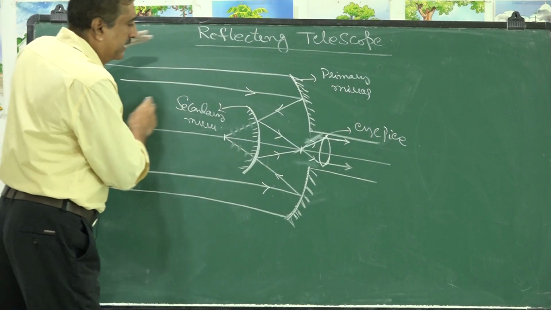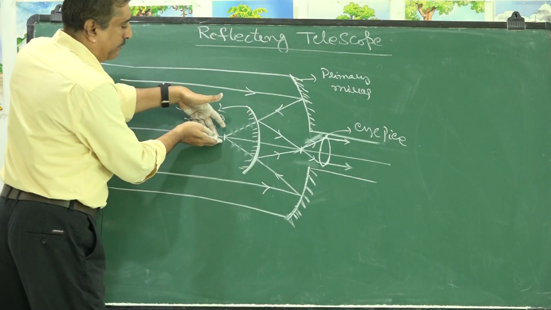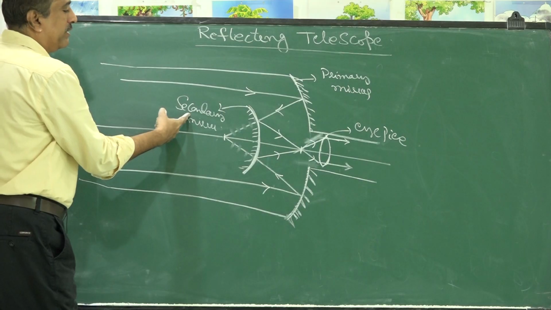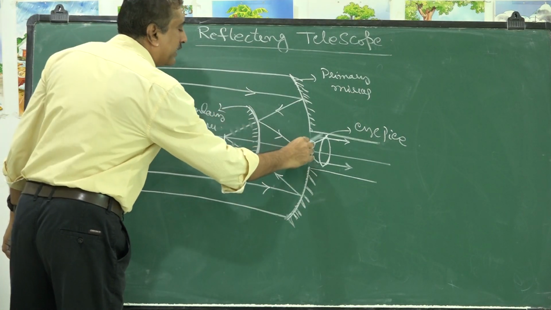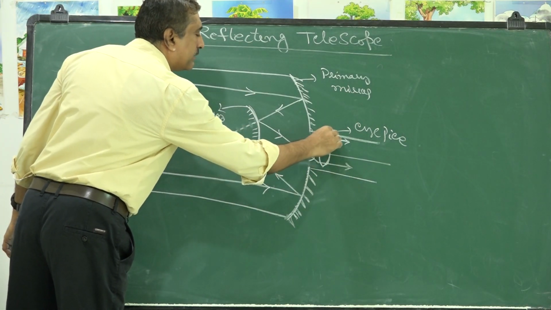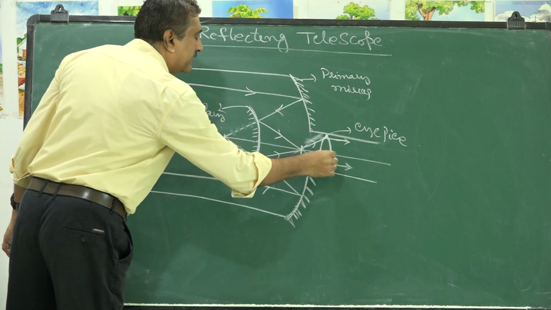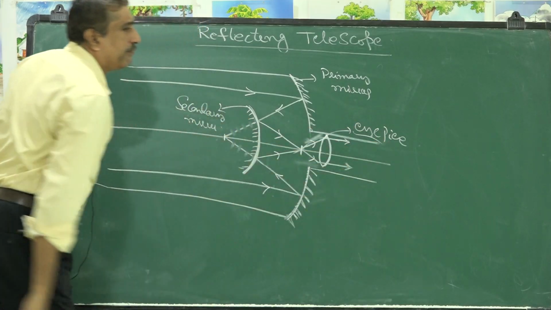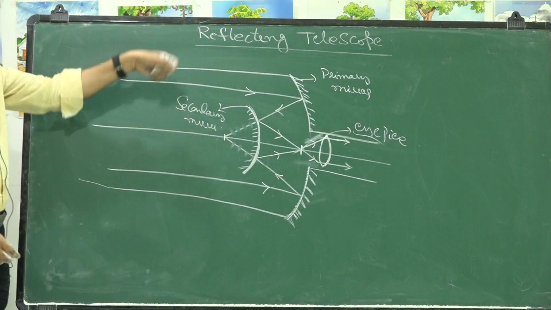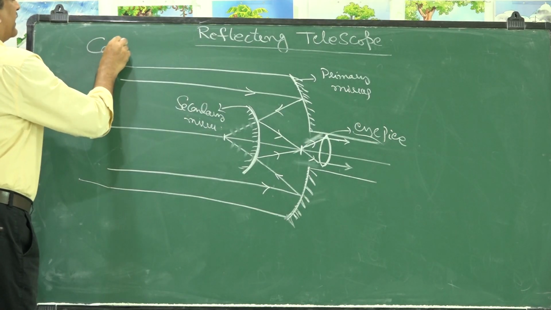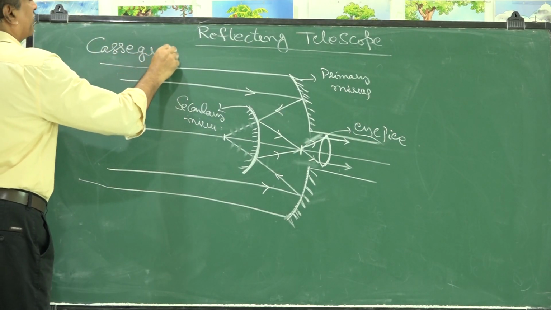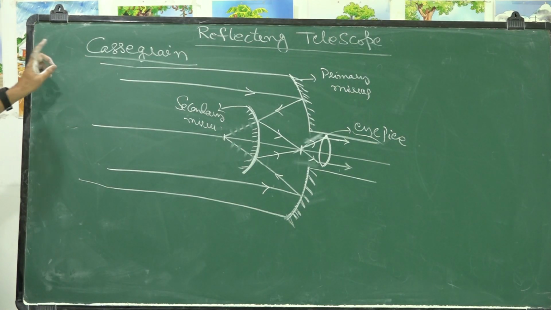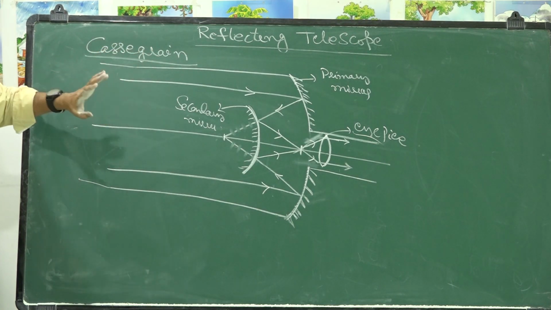The light rays incident on this mirror have to focus at a particular point, but in between, we place another mirror called the secondary mirror, and that gives an image at this point, where the eyepiece is adjusted such that this image will be in its focus. This design is given by Cassegrain. So this telescope is called the Cassegrain reflecting telescope.